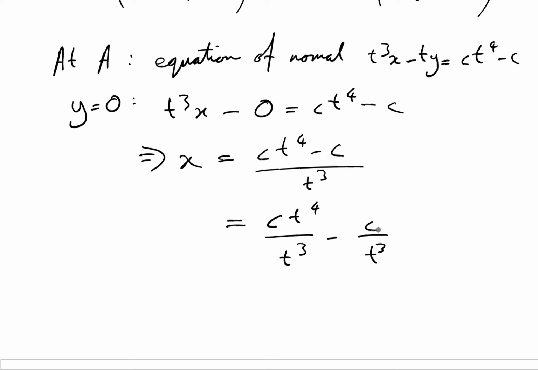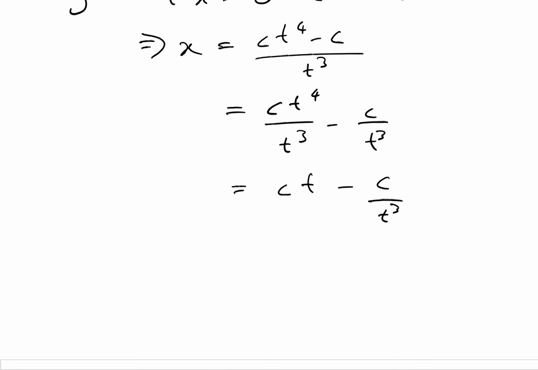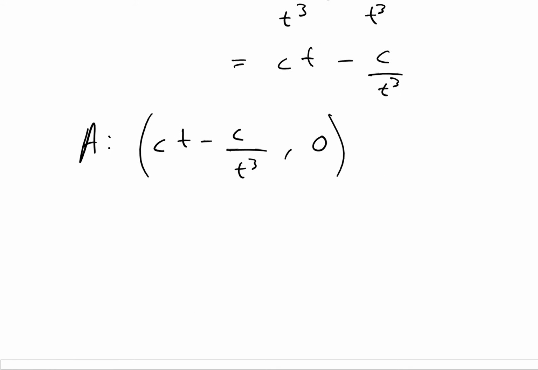Can't simplify it any further, can't do any cancellation. But here we can cancel, because we've got t to the power 4 here and t to the power 3 here. So we can cancel off 3 of these t's, and we'll be left with ct minus c over t cubed. So in other words, the coordinates of A are ct minus c over t cubed, and the y coordinate we know is 0.